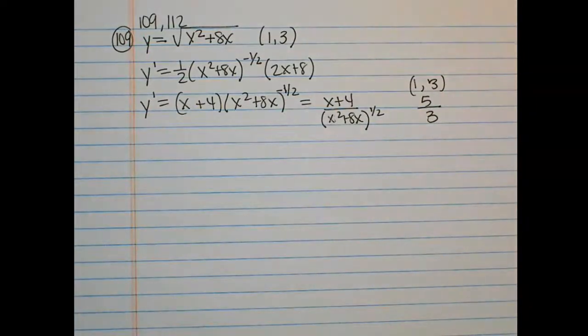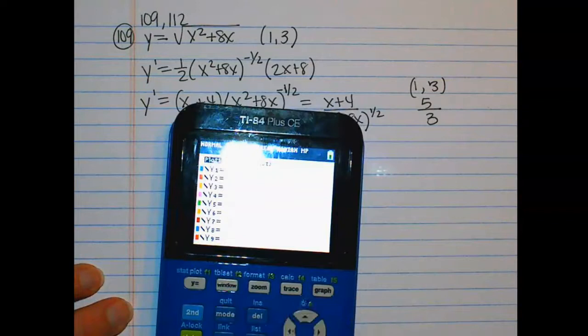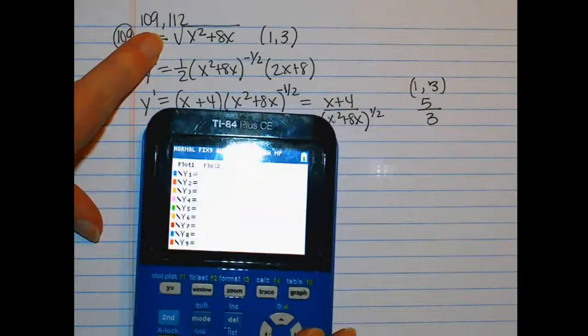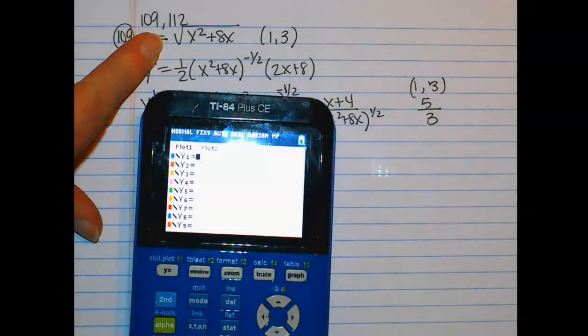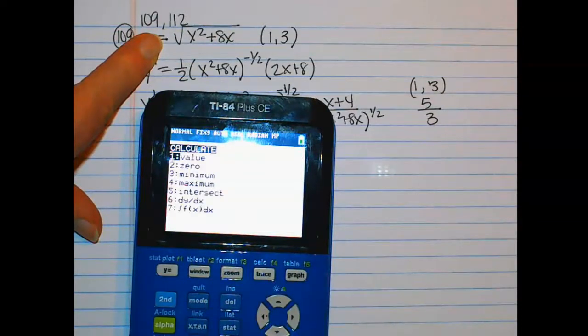So on my calculator, I'm going to take the plot off. All right. So I'm going to put the original function in and check and see if I got it right. Calculate derivative. I can't see anything because I just graphed something a minute ago.